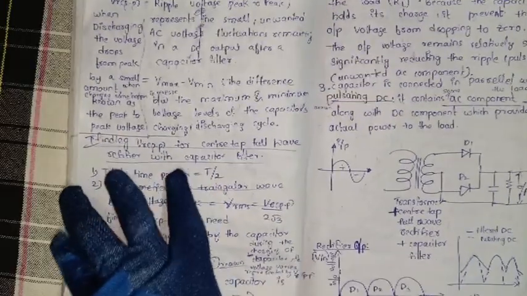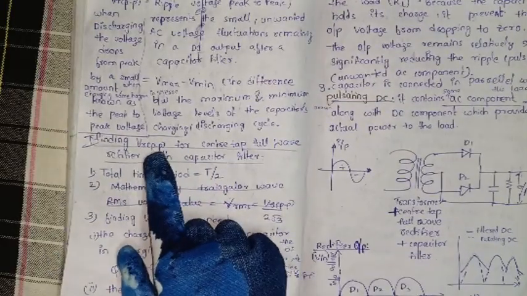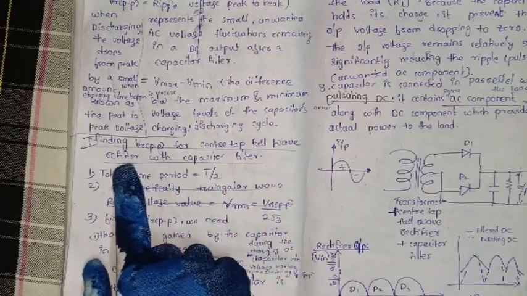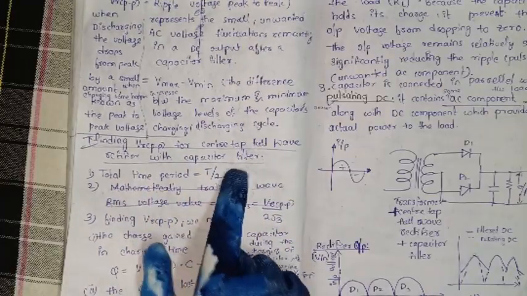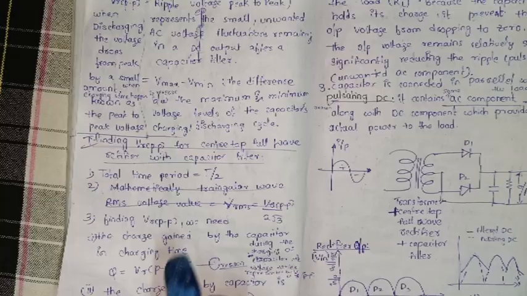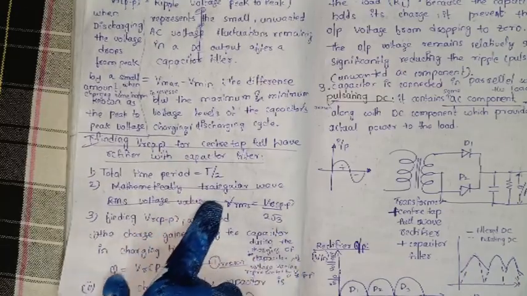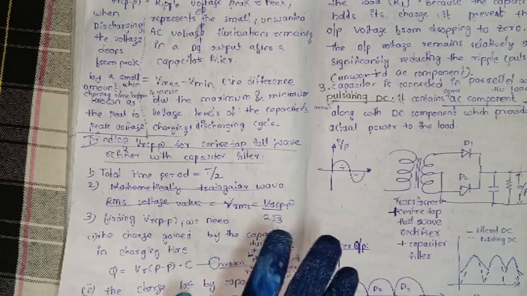Then we will find the ripple voltage peak to peak for a center tap full wave rectifier with capacitor filter. We need the total time period, that is T by 2, charging time plus discharging time.